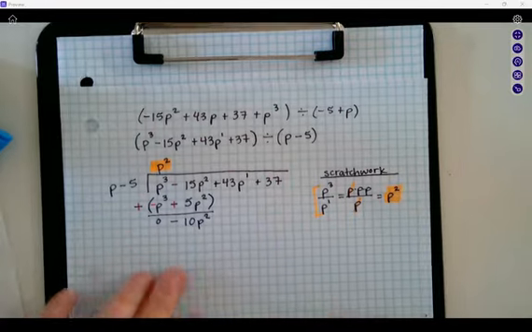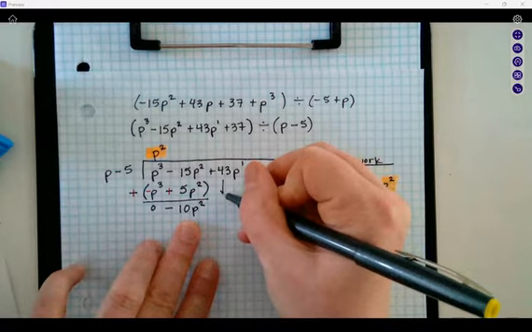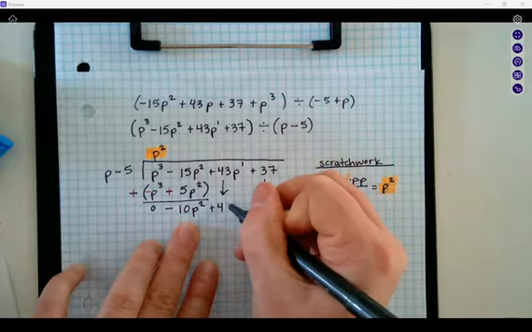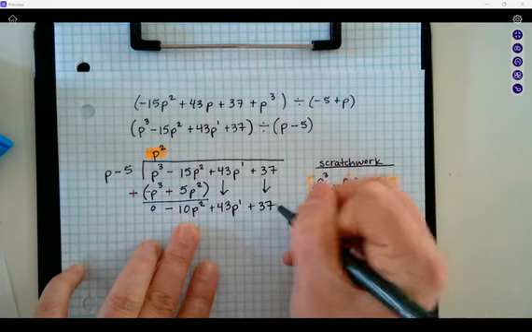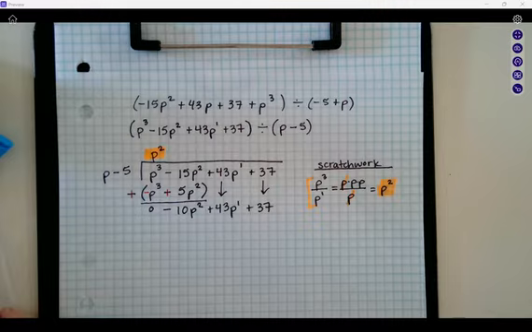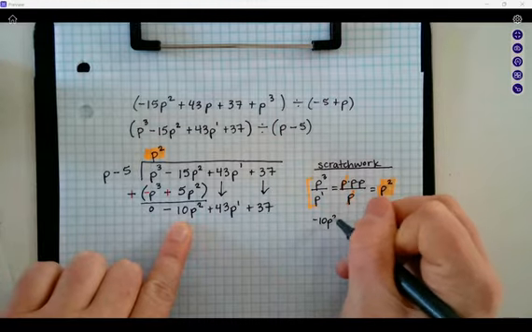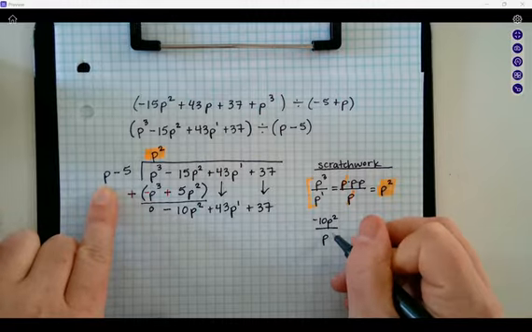All right, anyhow, I do need to bring down these other two terms to continue this long division problem, so let's do that. So 43p to the first plus 37. And now I need to go ahead and work on finding that second term of the quotient. To do that, I'm going to take negative 10p squared and divide that by p to the first power.